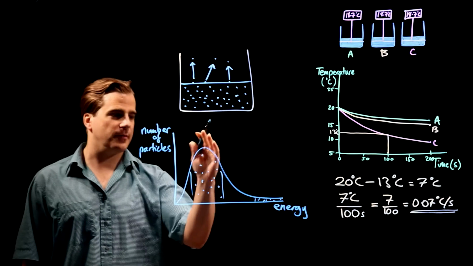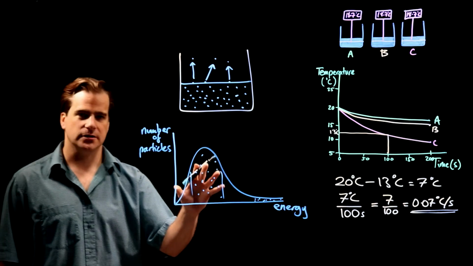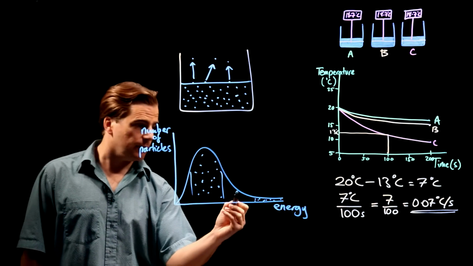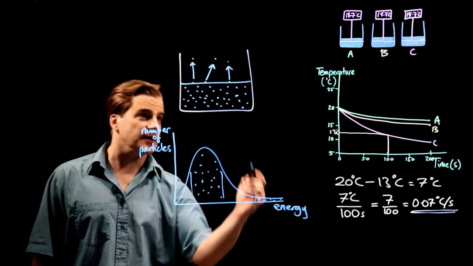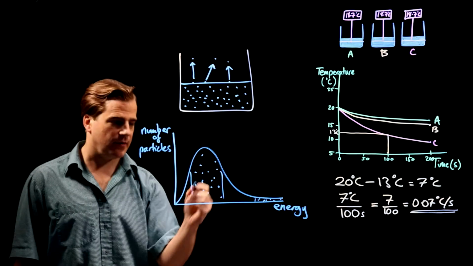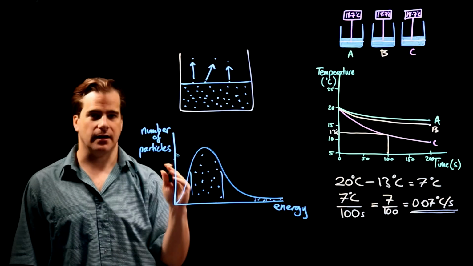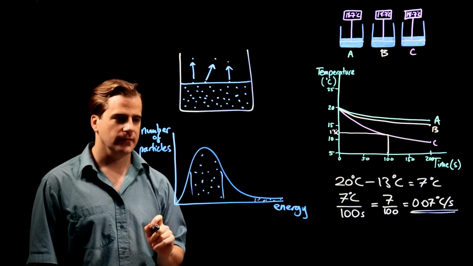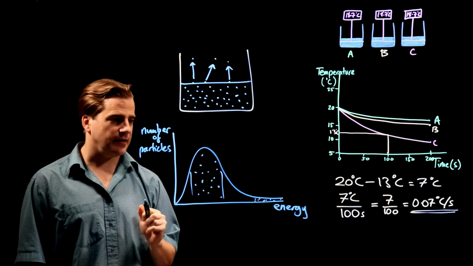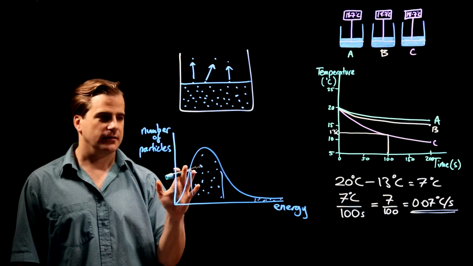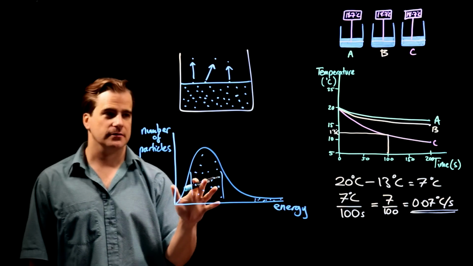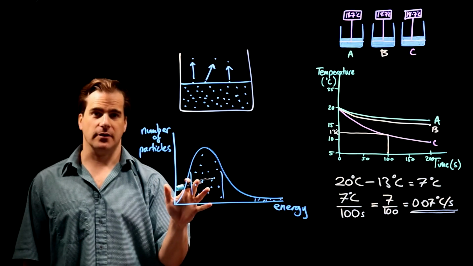And so most of the particles are around the sort of average energy region. But some, at the very high energy, they're the ones that evaporate and escape. And some are very low down here as well, but they just stay as liquid. And yeah, that explains why liquids at temperatures much less than their boiling point evaporate.